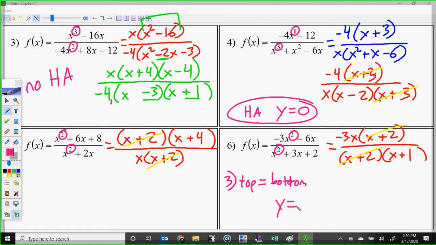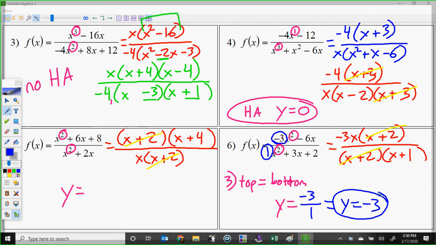Horizontal asymptotes are always y equals. And it's the leading coefficient divided by the leading coefficient. So here, -3 is the leading coefficient of the top, divided by 1, the leading coefficient of the bottom, which of course is just y equals -3.